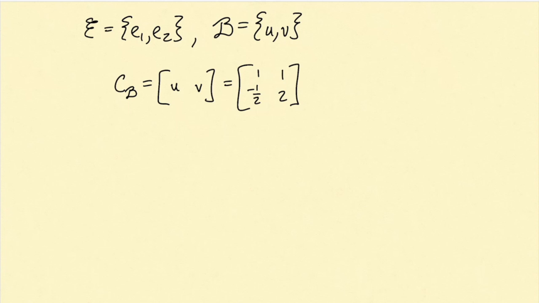I've gone ahead and asked Sage to simply compute this matrix for us. Its entries are 4/5, 1/5, -2/5, 2/5.